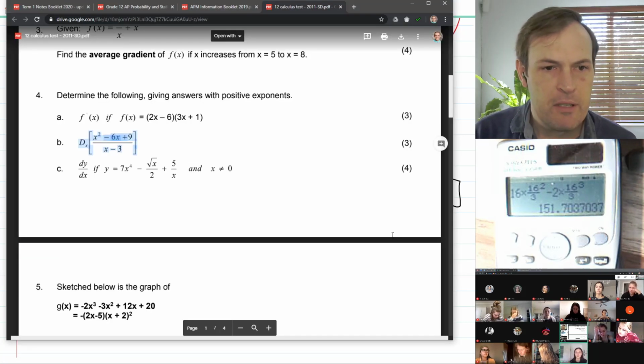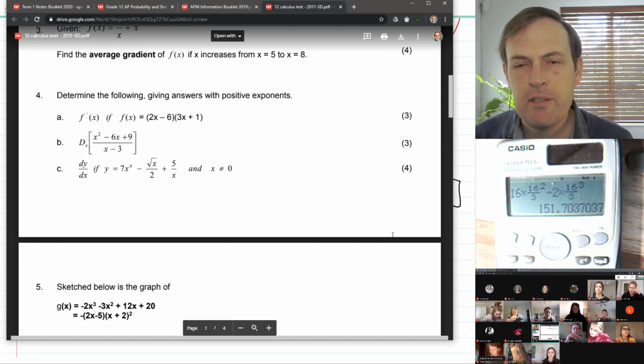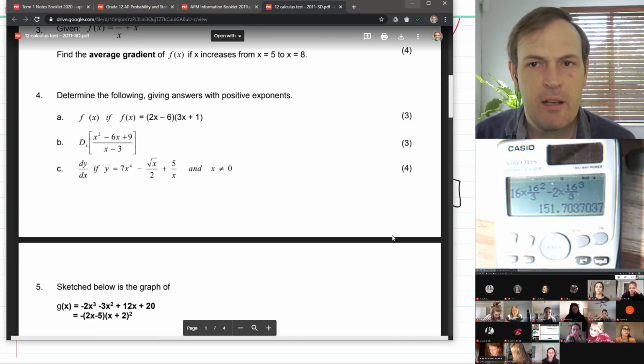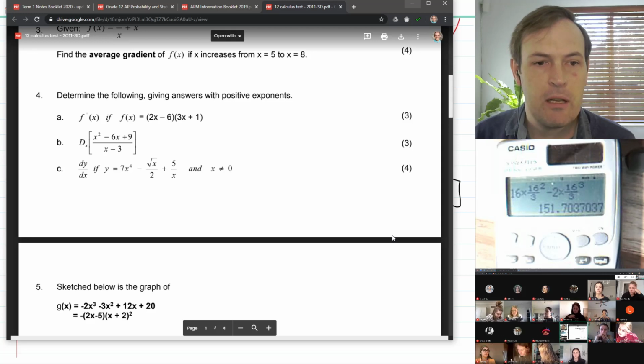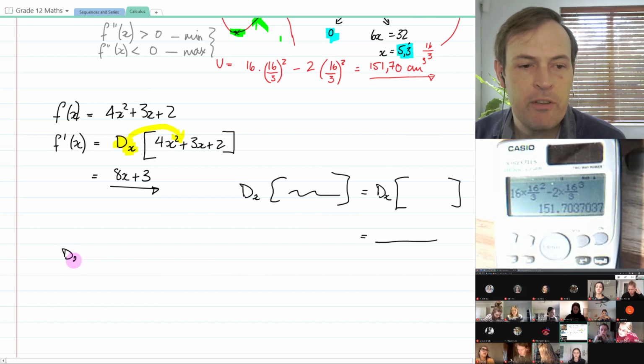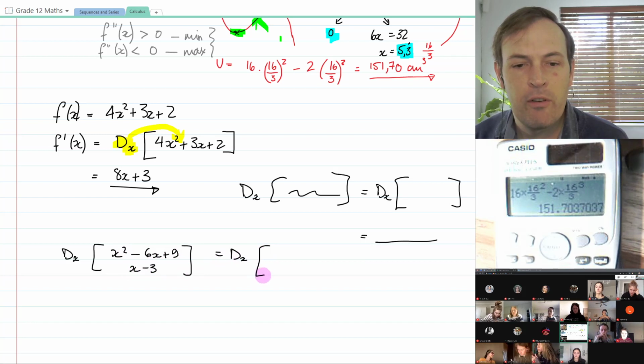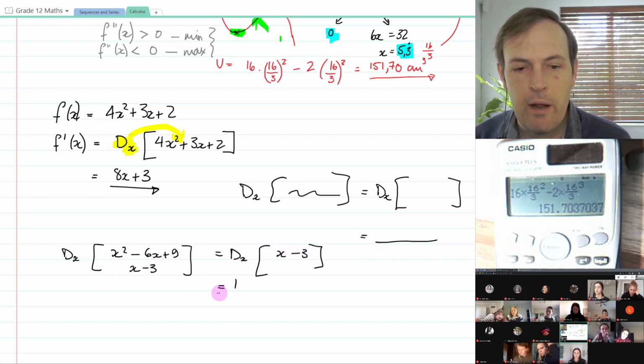That was a bit of a nasty fraction. So yeah, this is going to factorize. I'm guessing there's going to be an x minus 3 at the top of that fraction. In fact, there is, x minus 3. Yeah, it's a perfect square. So the derivative of x squared minus 6x plus 9 over x minus 3 is the same as the derivative of x minus 3, which is 1.